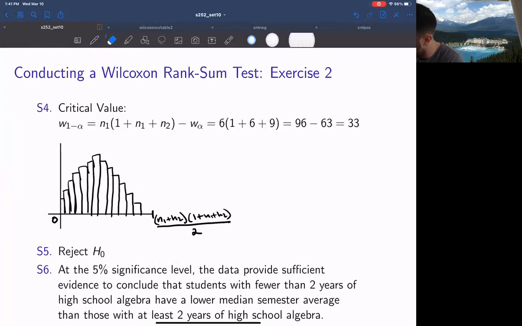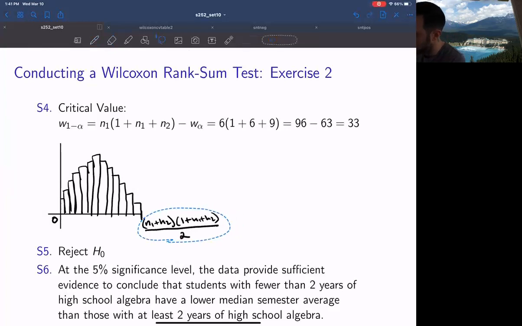Okay, so we need to move this over just a little bit. And at the middle here, that's going to be our median value, which for us is n1 times, I need to go back and look this one up real quick.